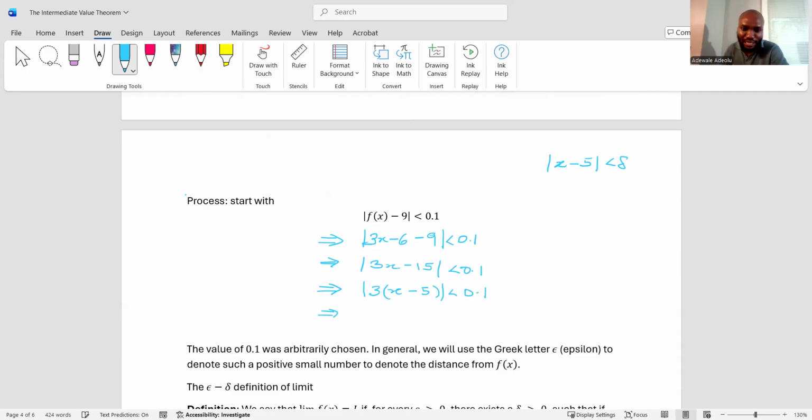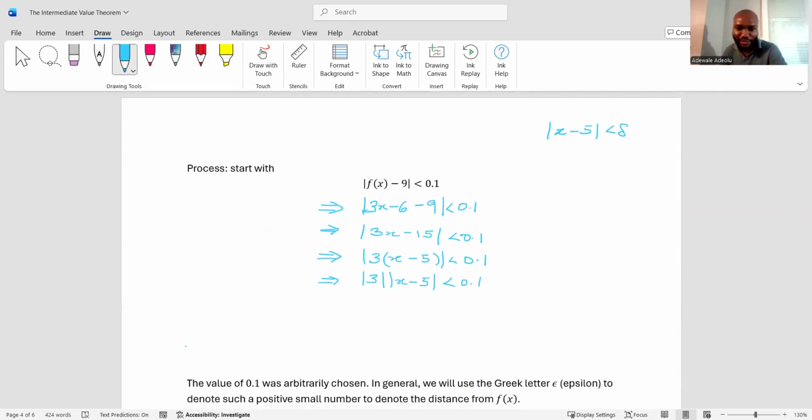The absolute value of 3 is 3, so 3 times the absolute value of x minus 5 is less than 0.1.